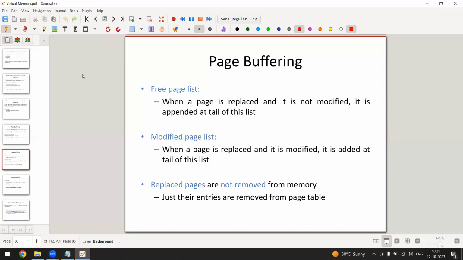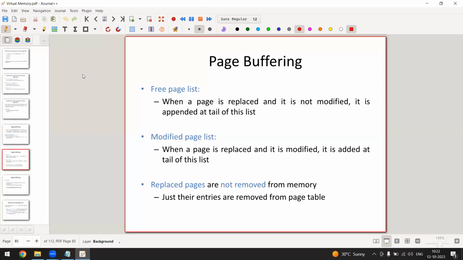If the page is not modified, you put it in the free page list. If it is modified, you put it in the modified page list. So you can bring the page immediately to the memory without the use of secondary memory, and that way the performance is improved.